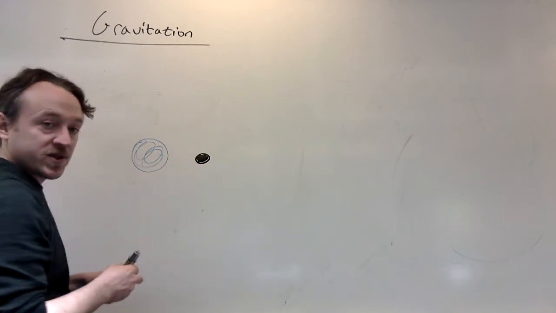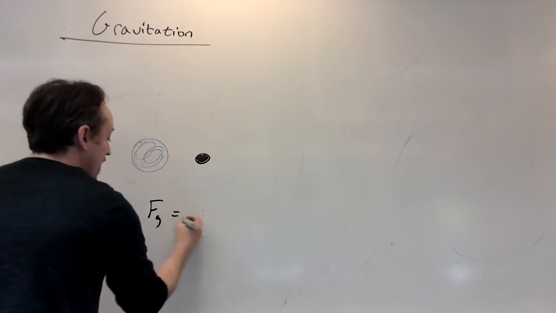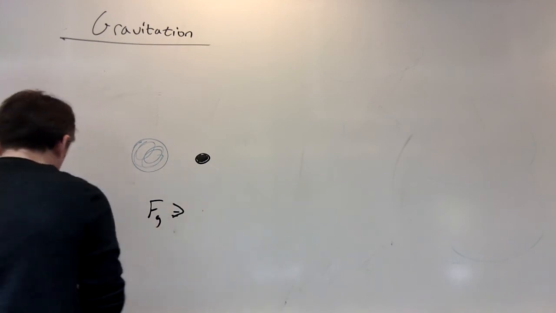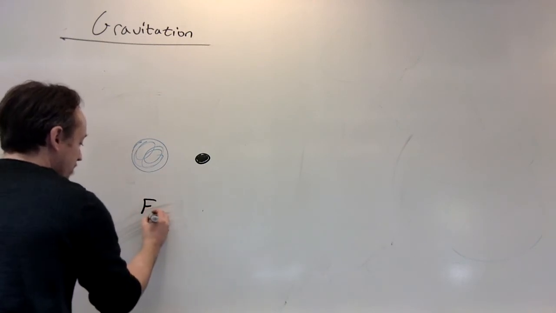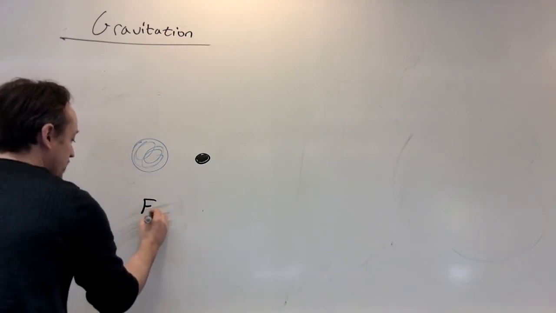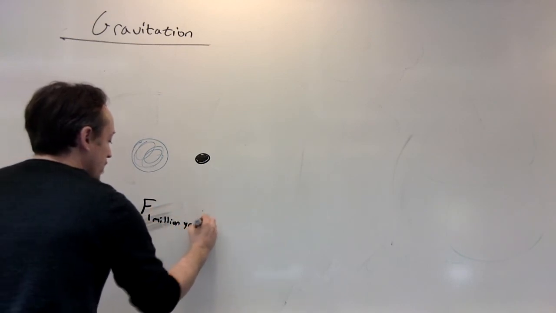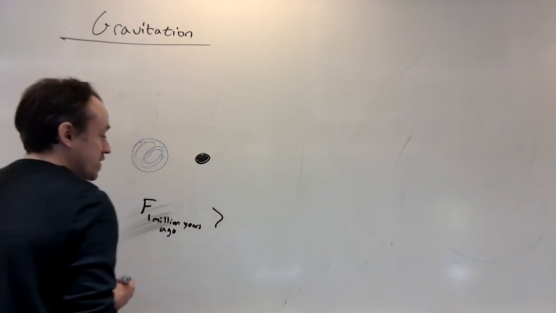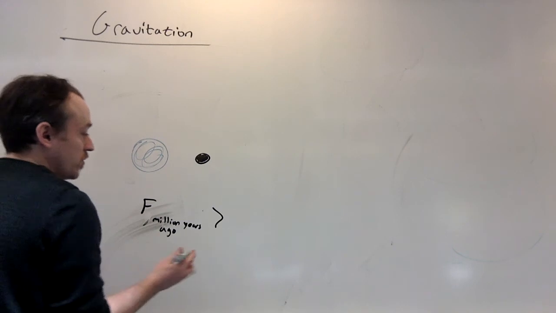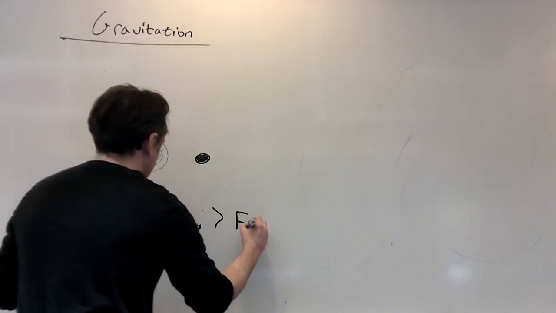So by being closer, thousands of years ago, the force of gravity was greater. Let's call this the force of gravity in the year, I don't know, let's say 1 million years ago. So the force of gravity 1 million years ago from the moon was much greater than the force of gravity today.